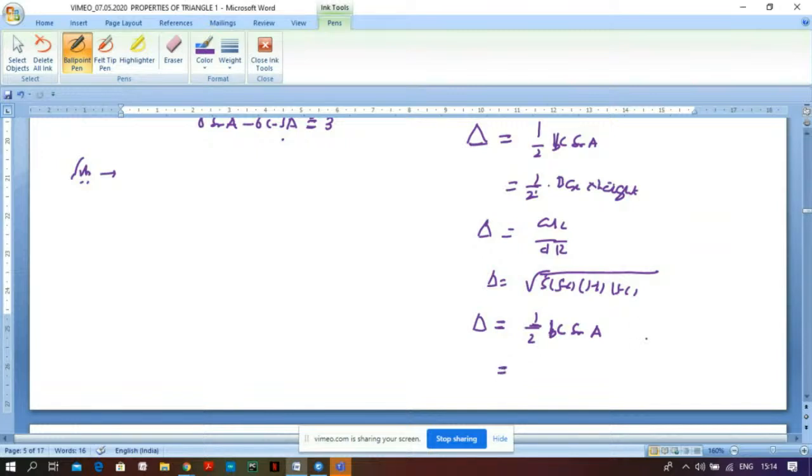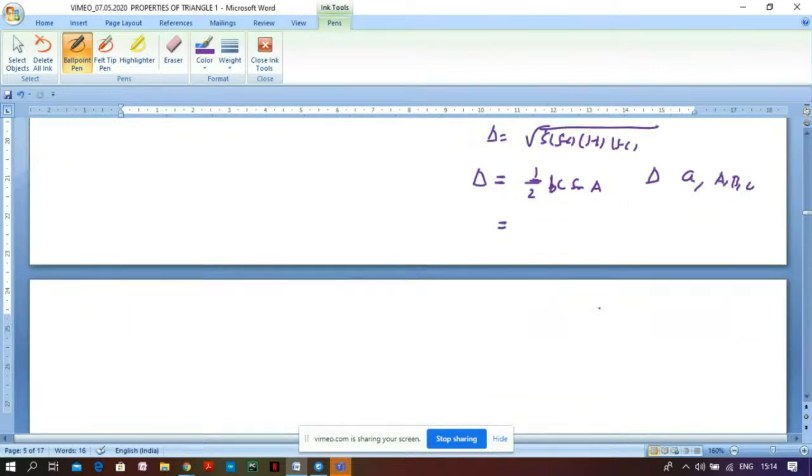Now, I want these things to write in terms of something else, such that it involves delta in terms of A, and then angle A, B, and C probably. Or only B and C base angle.